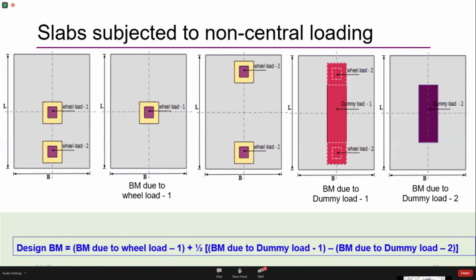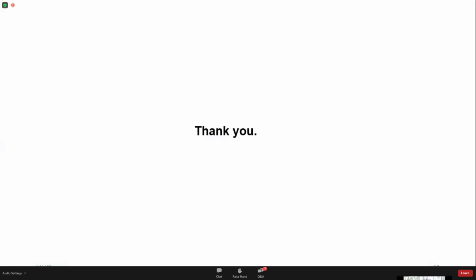As was discussed last week, Umesh had already discussed that if you want to design a flexure element, then the designer has the flexibility to choose any of the three methods prescribed in IRC 112. So using the design bending moment and shear force calculated in the analysis, we can proceed with the design of the deck slabs. With this, I have come to the end of my presentation. Thank you.